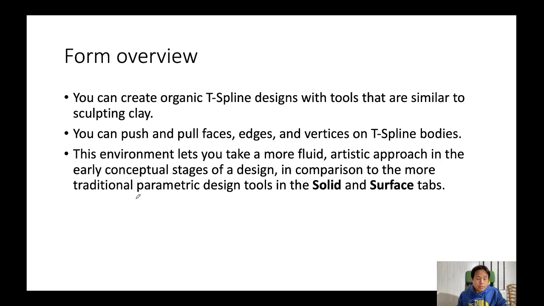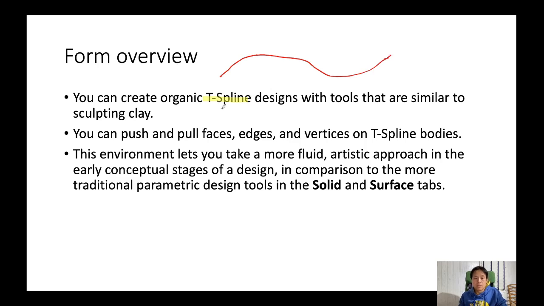So, overview. What is T-spline? This is the organic way to draw an object using this spline. Do you remember spline? In Fusion 360, you were able to draw a curved line using spline. You can draw by pointing, so that it connects the line by following your points.